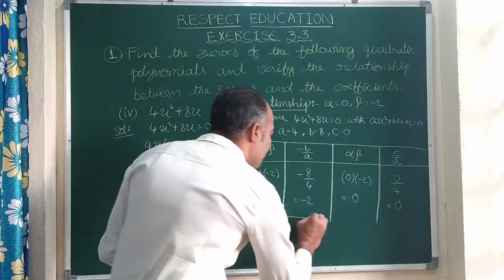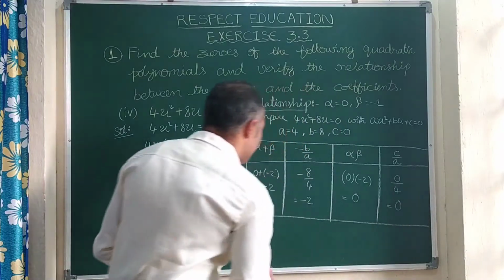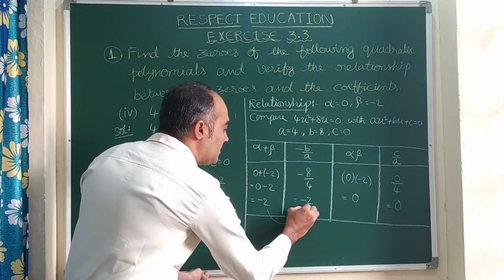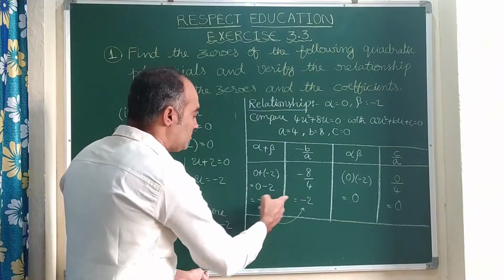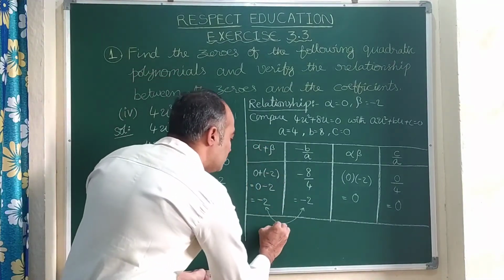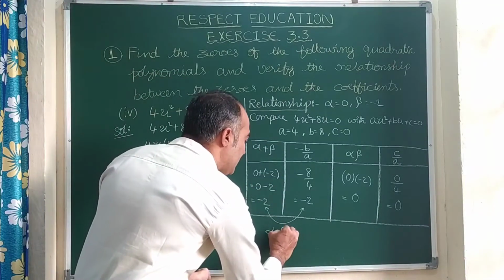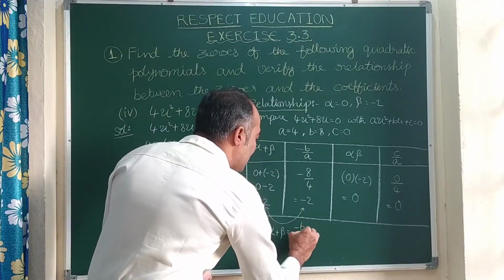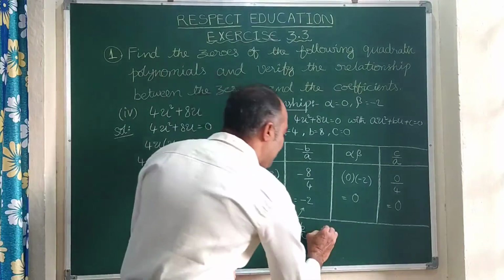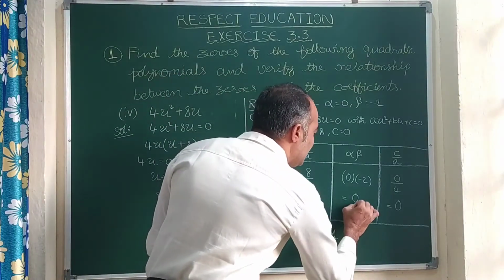Now here you see these two are equal. This is minus 2 equal to minus 2. This is nothing but alpha plus beta. So here we get alpha plus beta is equal to this, nothing but minus b by a. And these two are equal.